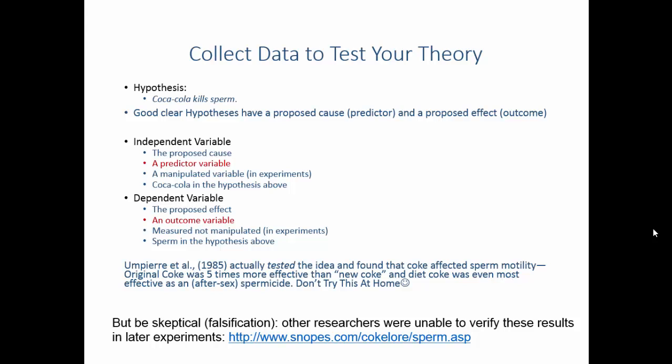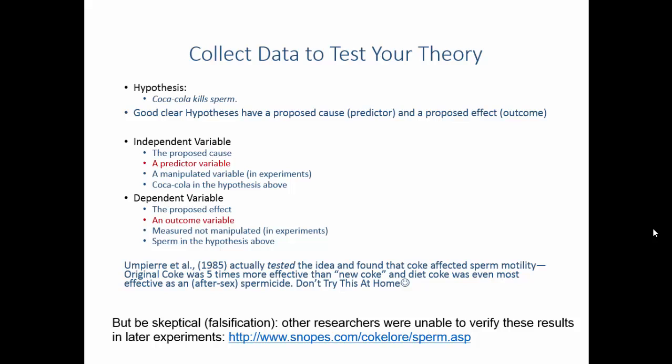So an independent variable is the proposed cause in an experiment. It's also one type of predictor variable because you're going to be using it to predict the outcome variable. By definition, an independent variable is one that's being changed by the researcher intentionally. It's being manipulated by the researcher in an experiment.